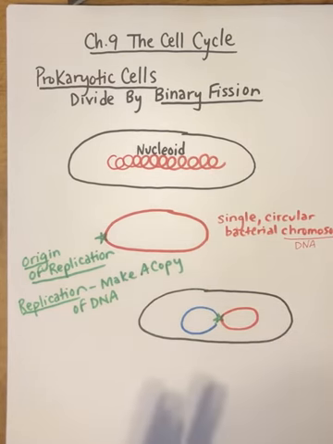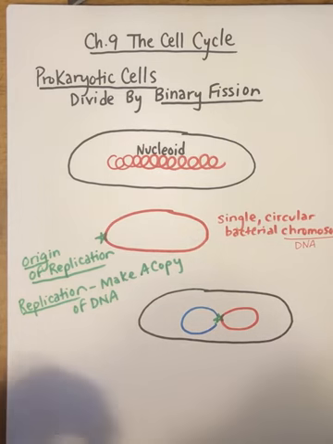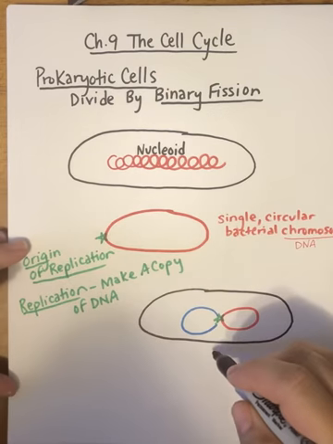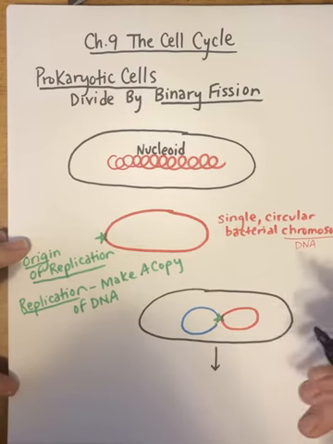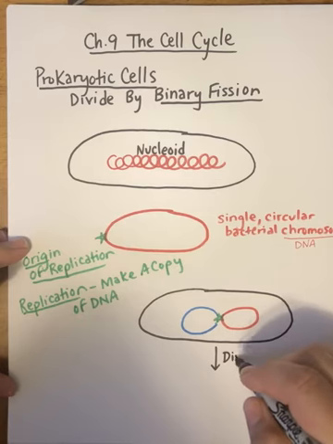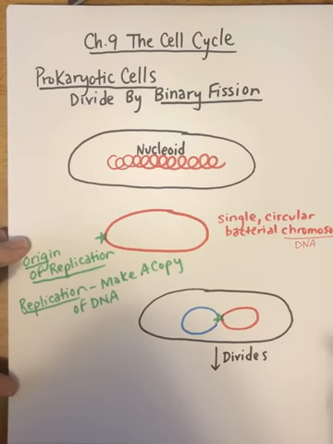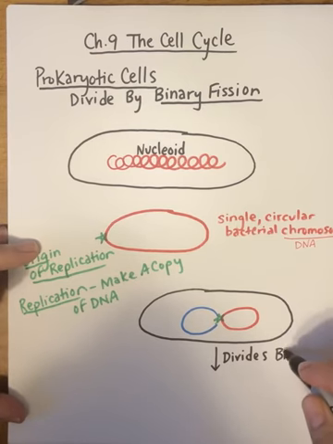Now, the cell has to divide. Binary fission is basically going to create a new bacterial cell. So, when we say that the bacteria divides, that's after replication, but it divides by binary fission.